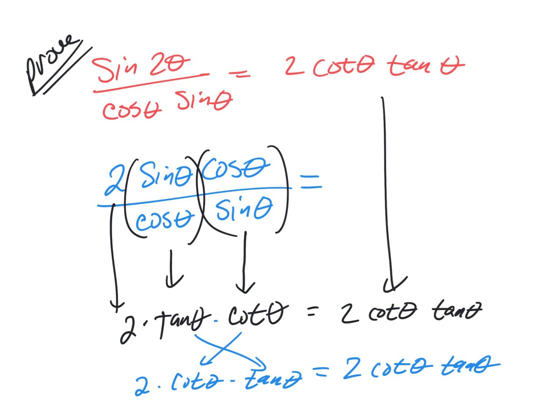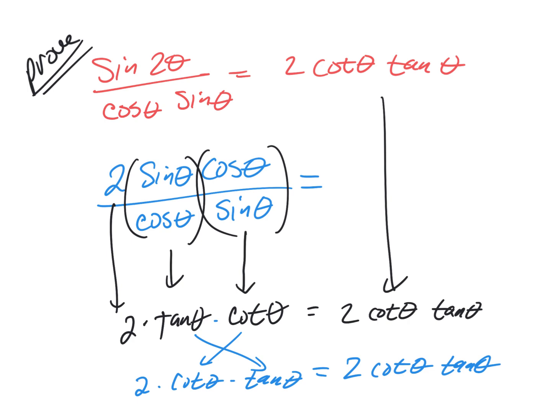Not really, because I canceled out the sine and the cosine, so I just got 2. Oh, so you got it down to just 2. Yeah, and I multiplied it by a tangent over tangent, which. Interesting. Unusual, but I think that would work.